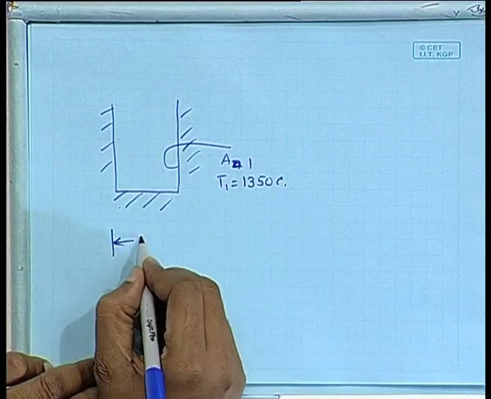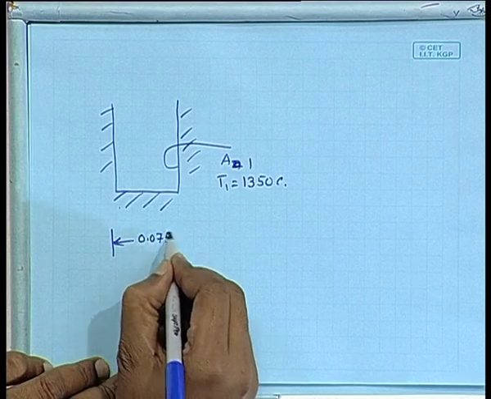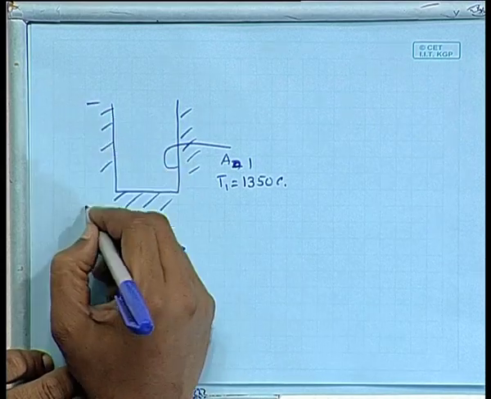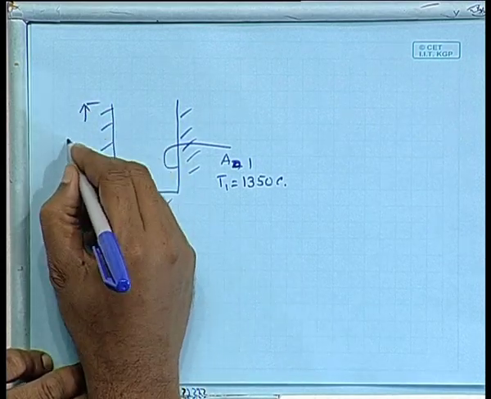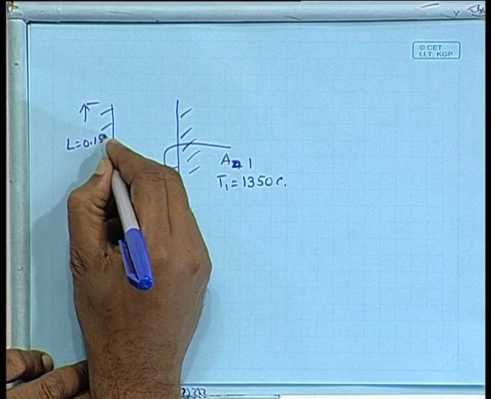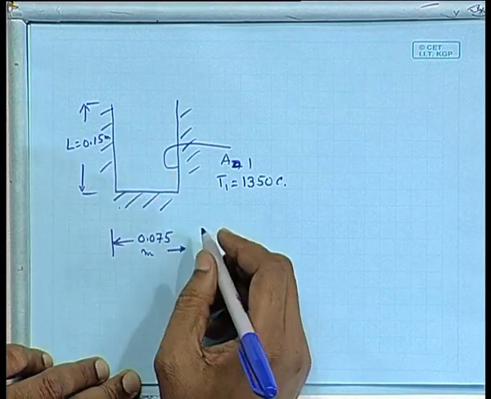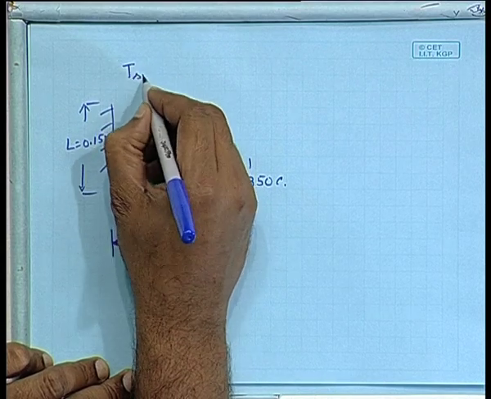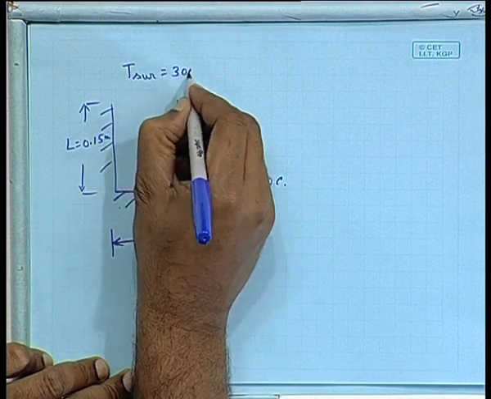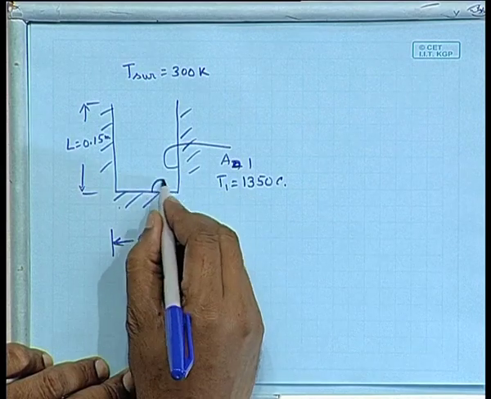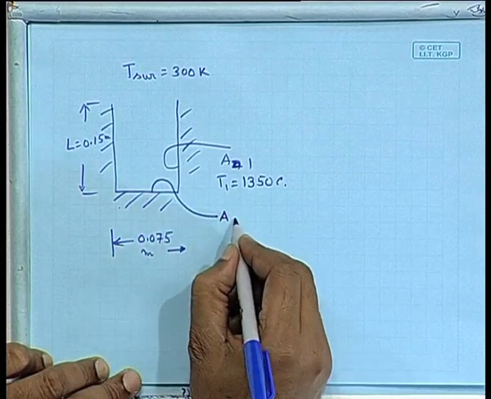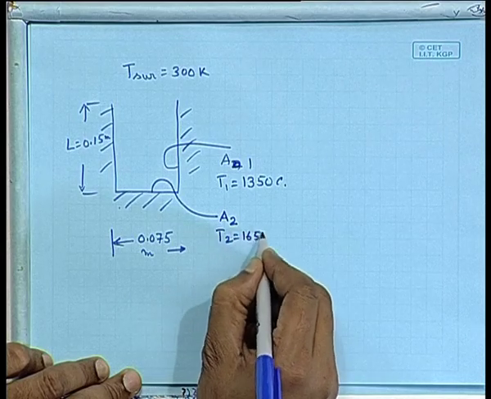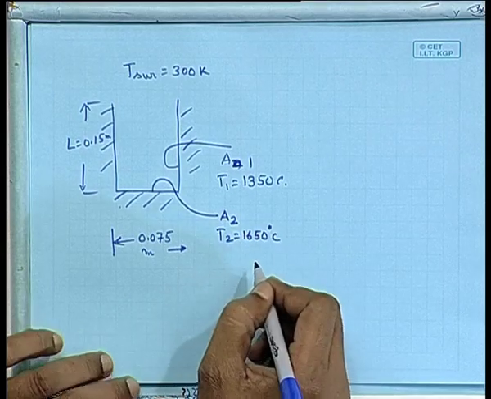The diameter is given as 0.075 meters. The length of the cavity is 0.15 meter, which is also given, and the cavity is open to a surrounding whose temperature is 300 Kelvin, and this surface which I am calling A2 has a temperature of 1650 degree centigrade.